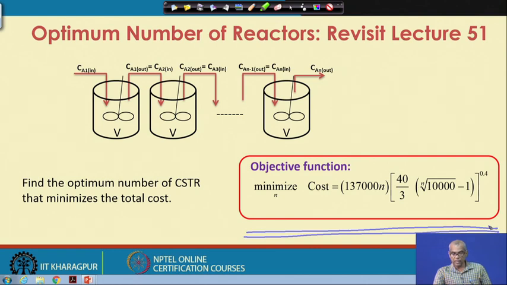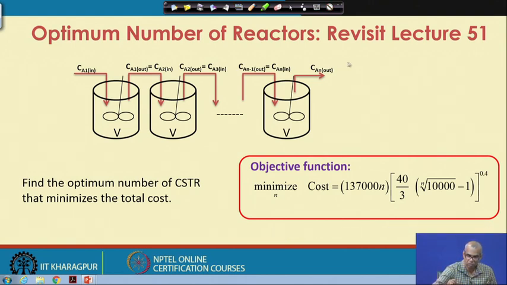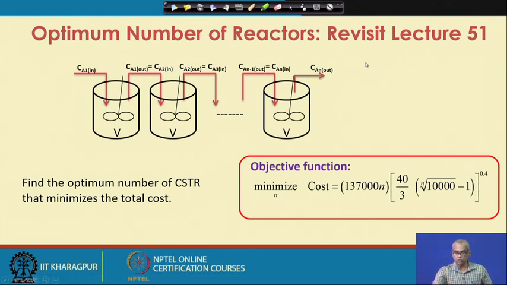So, as n changes, the cost changes, and given the data and information, we are able to express the cost as a function of n. So, the total cost is now a function of single variable n, which is the number of CSTR units. So, we should be able to solve it using fminbnd. Of course, you have to put a lower bound and upper bound.